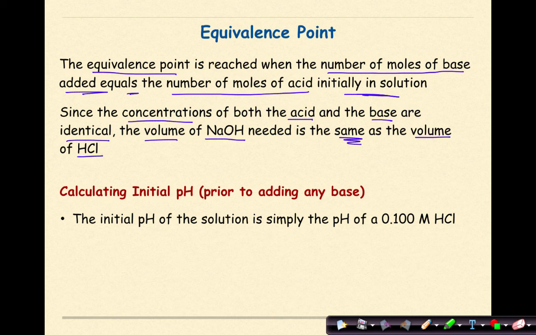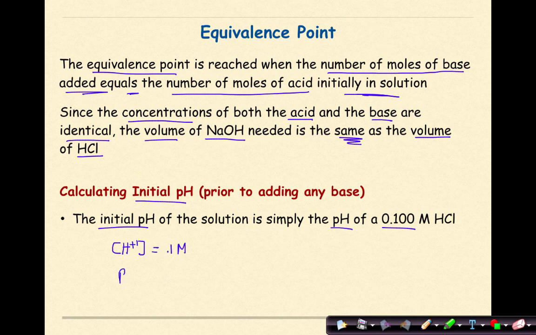So now what we're going to do is look at pH over a given amount of time. We're going to start with calculating the initial pH prior to the addition of any base. The initial pH of the solution is simply the pH of a 0.1 molar HCl. So that means our hydrogen ion concentration is equal to 0.1 molar.